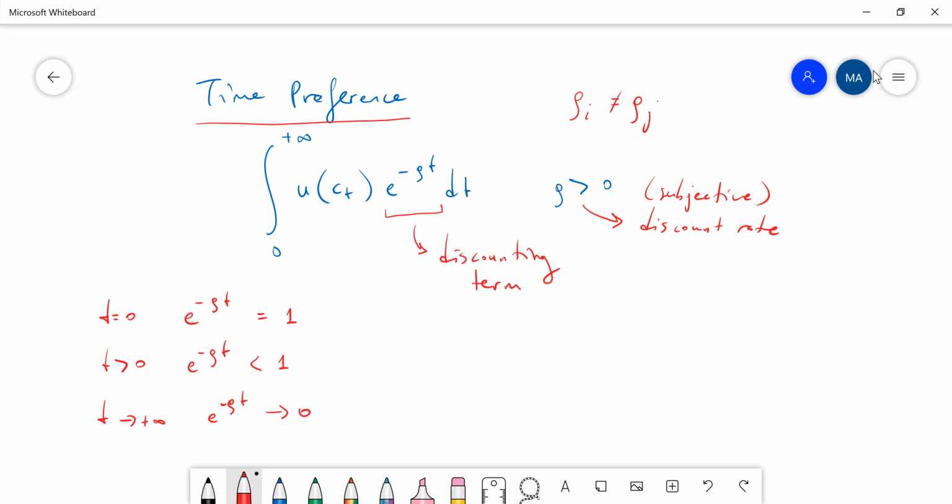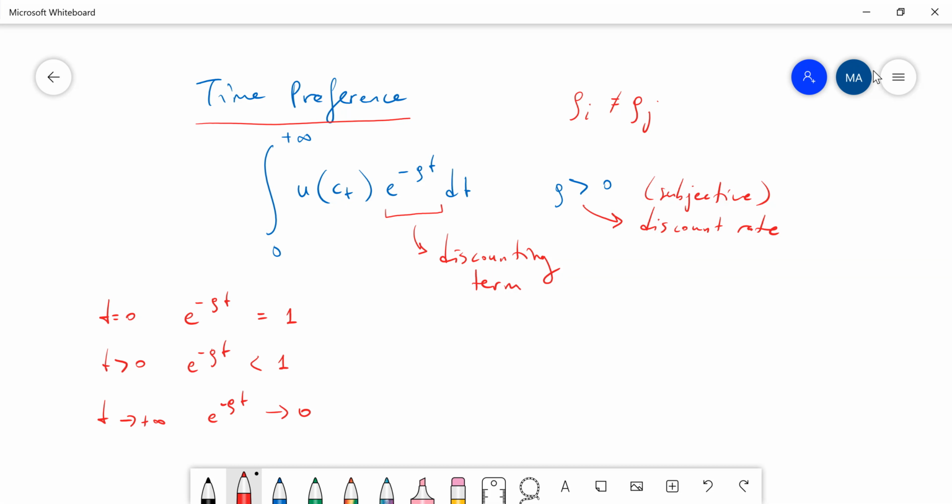All right? Now, why this particular exponential form? Do you have any ideas? Well, it is because of the compound interest rate, right?